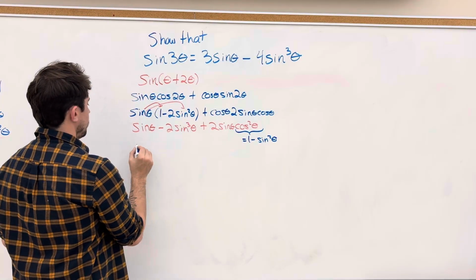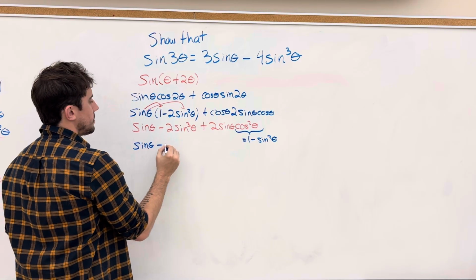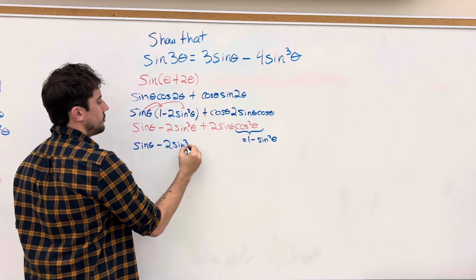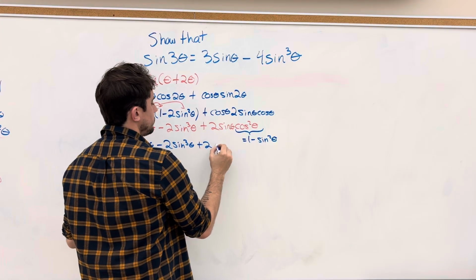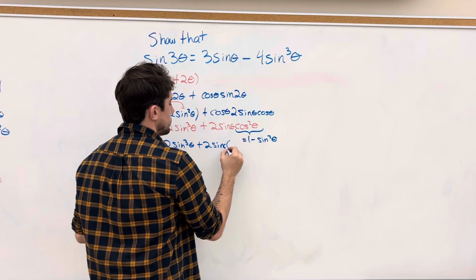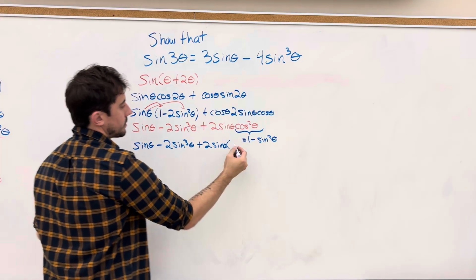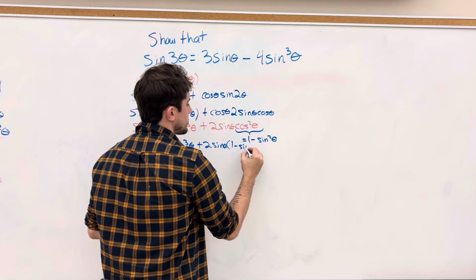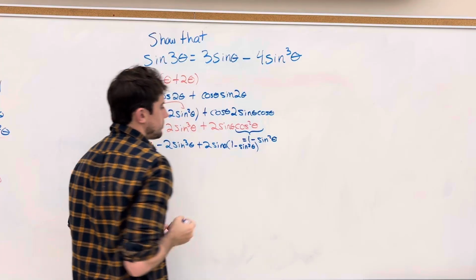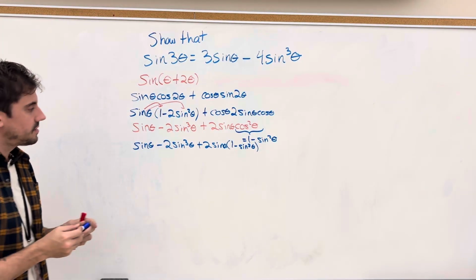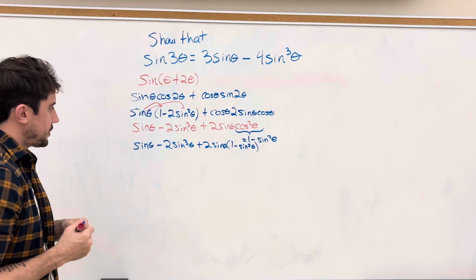And so now we're going to have sine theta minus 2 sine cubed theta plus 2 sine theta times, in brackets, replace the cos squared with 1 minus sine squared theta, like so, right? And then this is going to start to take shape.